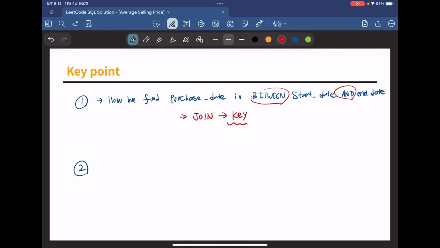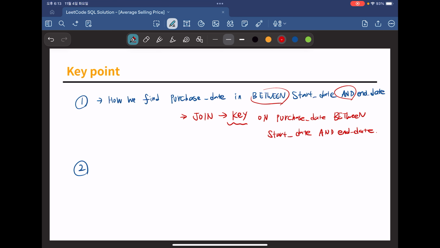A and B clauses, so you can write it like on purchase date between start date and end date.